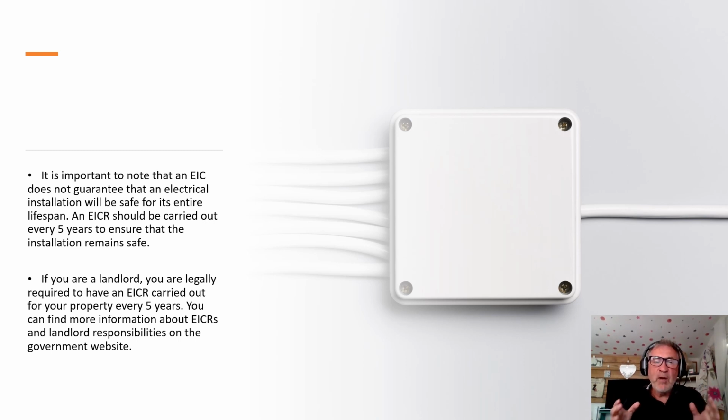Indeed, if you're a landlord, you're legally required to have an EICR carried out for your property every 5 years or on change of occupancy. And you can find out more information about electrical installation condition reports and the responsibilities of landlords on government websites.